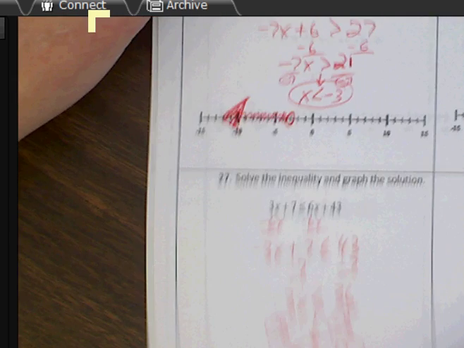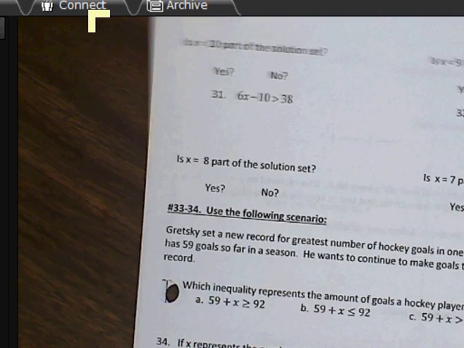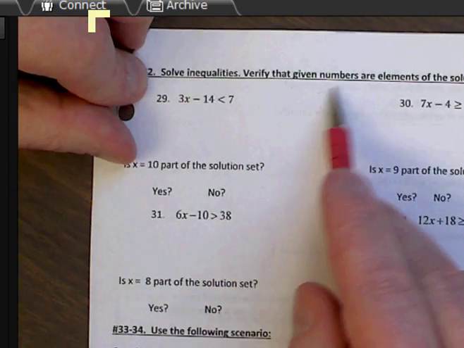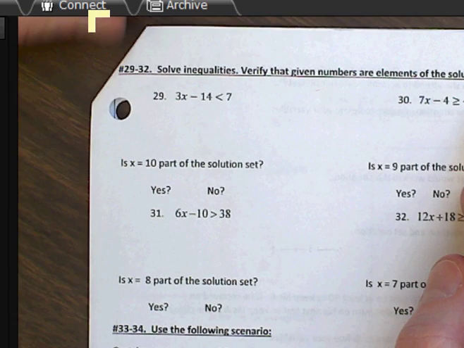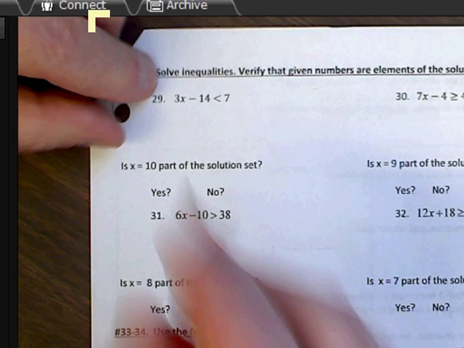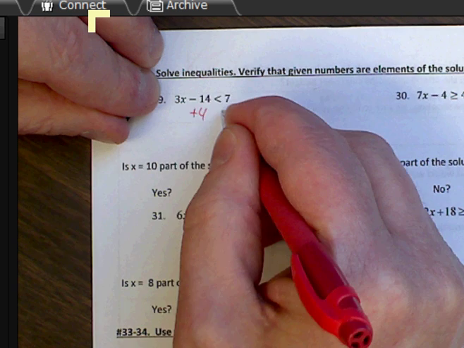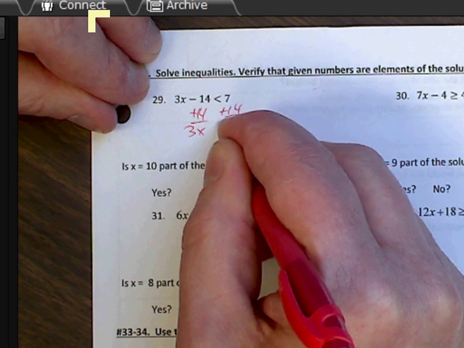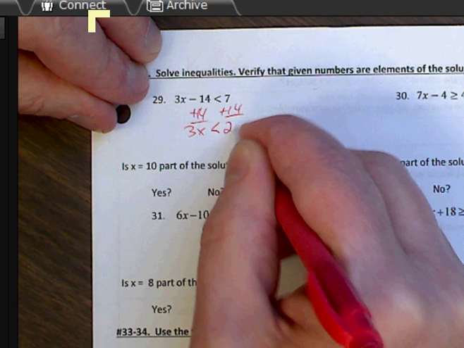Okay, that was graphing. Now it says solve the inequalities, verify that the given numbers are elements of the solution set. So I'm going to solve this. I'm going to add 14 to both sides. Plus 14, 3x less than 21.